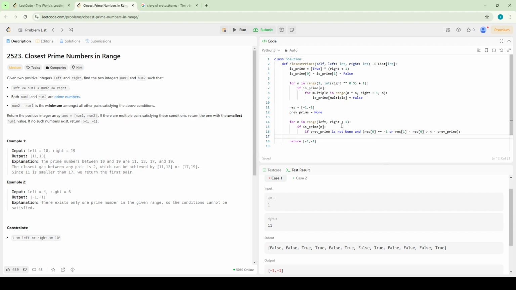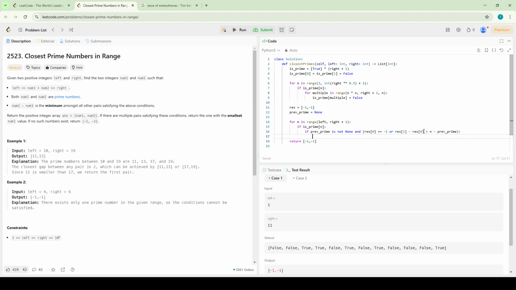Okay, so what does this mean, right? We need to have a previous prime so that we can form a pair of prime numbers. If we have the previous prime number, we already have a candidate that we have evaluated, right? So we need to compare the subtraction of res 1 minus res 0 to the current number minus the previous prime number.